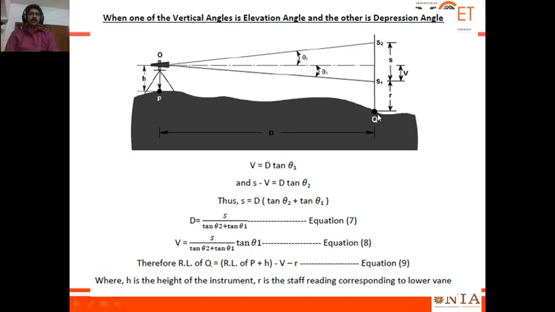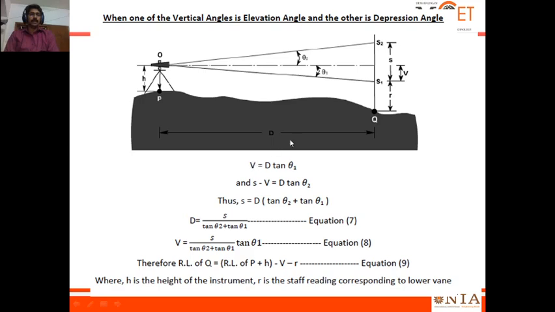Always remember the normal horizontal side to the bottom reading is V. In the tangential method you have to remember the normal horizontal side to the bottom reading is V, and the difference between S2 and S1 is again S. This is fixed by ourselves, and from the ground point to the bottom stadia reading is R. To the top we measured a vertical angle theta 2, for the bottom we measured angle theta 1, and the same distance D was denoted.